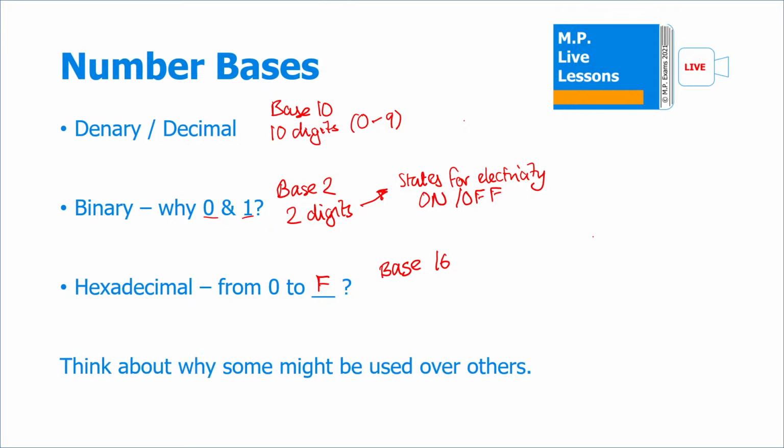Now think about why some of these might be used more than others. Hexadecimal may be used more than, let's say, binary because these are often used for codes, like for example for errors.